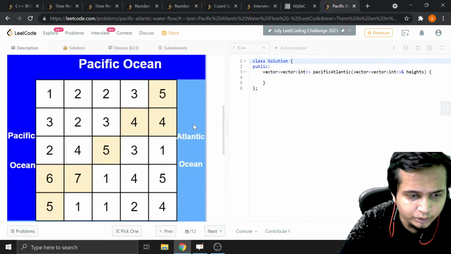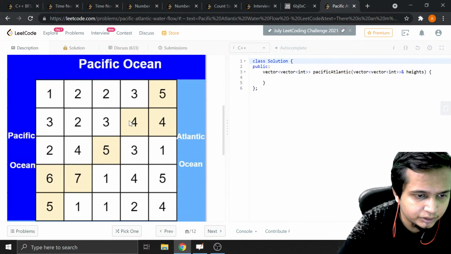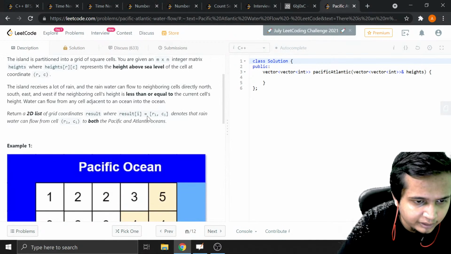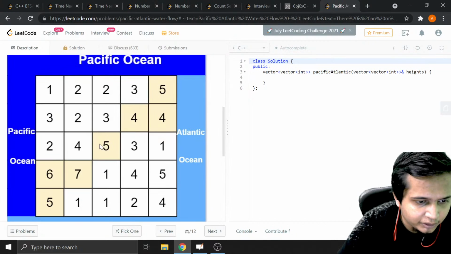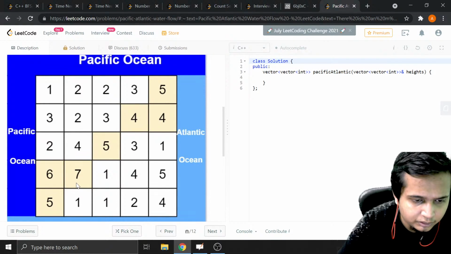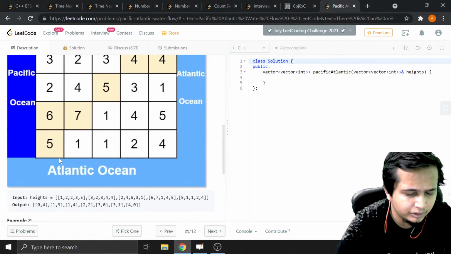If you are at 4, you can go to the Atlantic, and if you want to go to the Pacific, 4, 4, 3, cool. Okay, so if you are at this position 4, 3, then here 4. So we can go to the same level positions as well, less than or equal. Okay, cool. So similarly, 5, 5, 3, 2, 5, 3, 1, 7, 7. Okay, so you can. Yeah, okay. I think I got it.